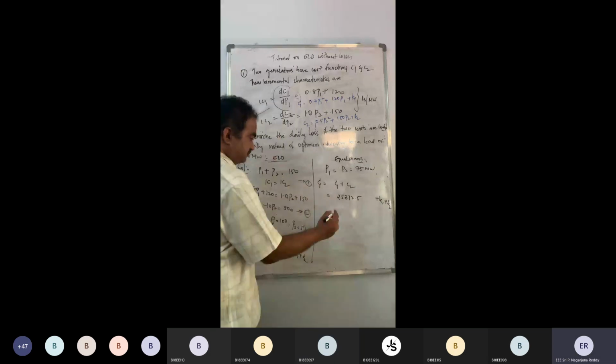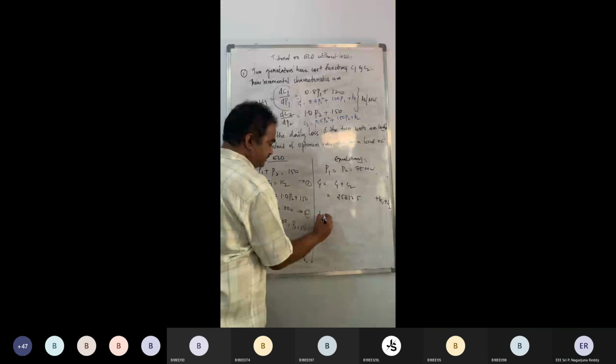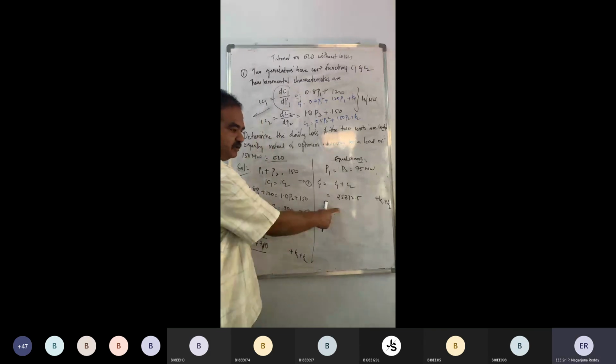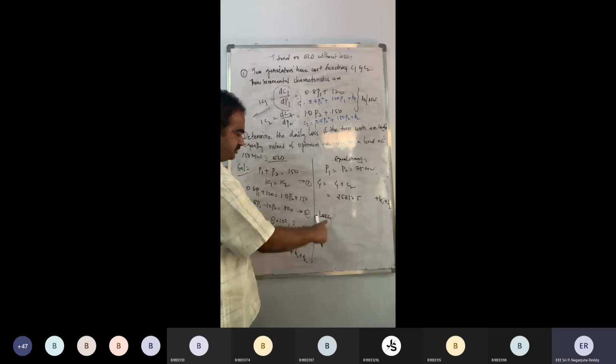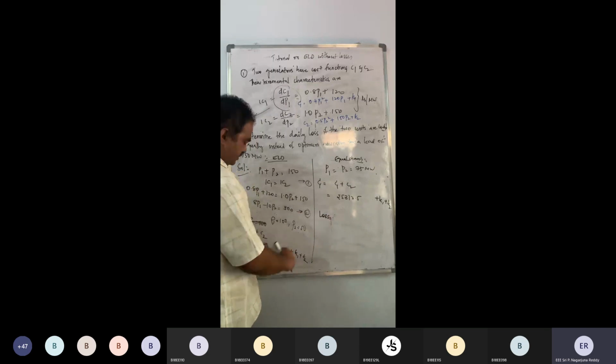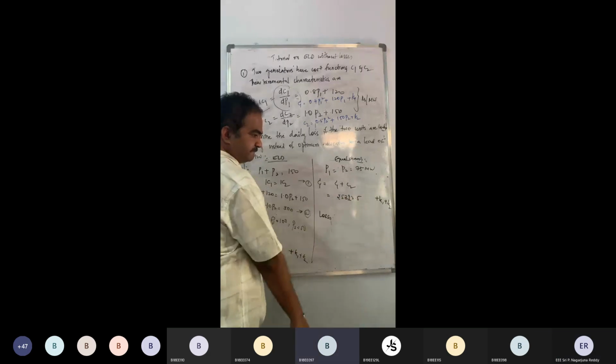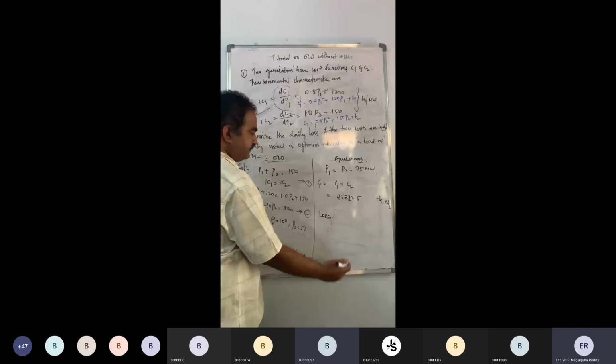So what is the loss now? Subtract these two. Using this gives savings, using this gives loss. So I assume that this is being operated, and so I will be operating at a loss. What is the difference between these two? 25312.5. So what is the difference here?